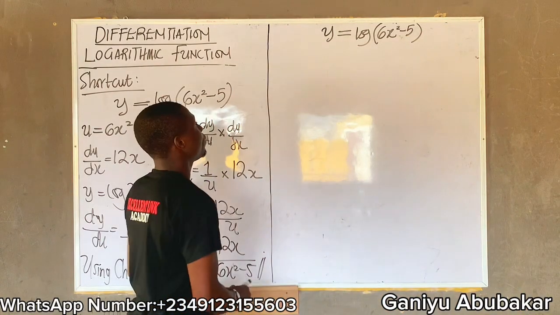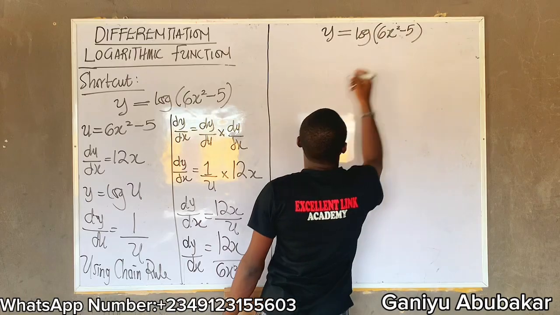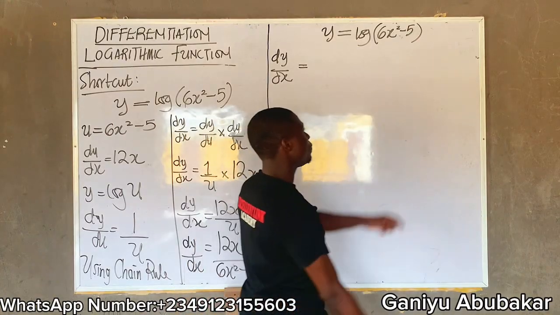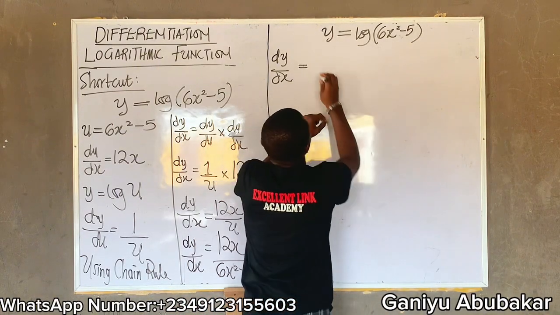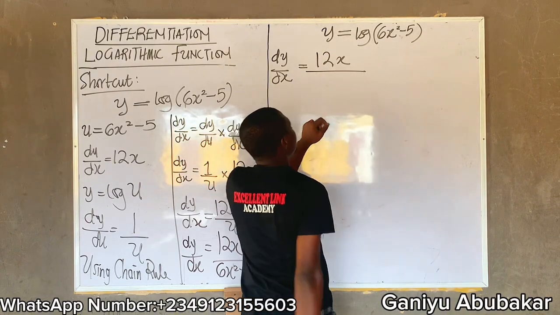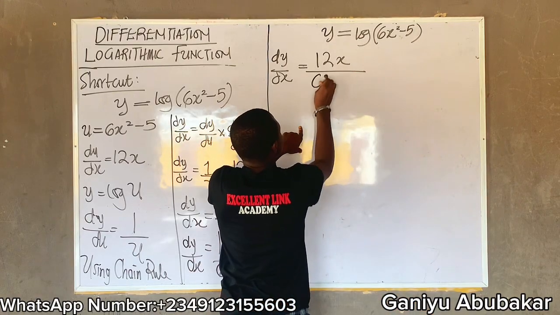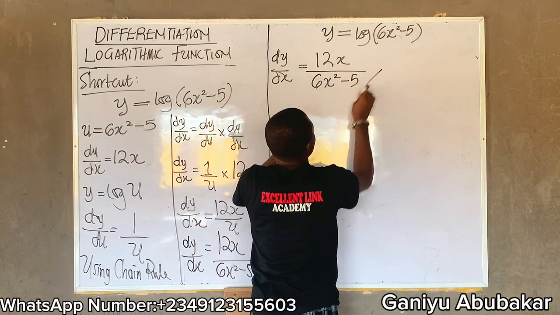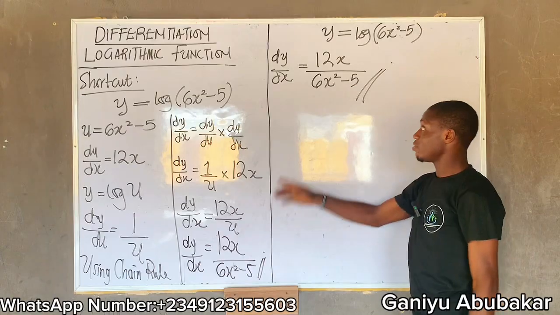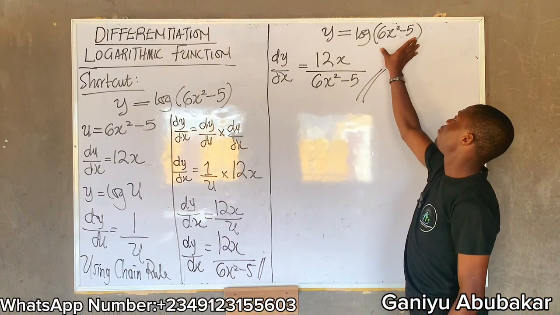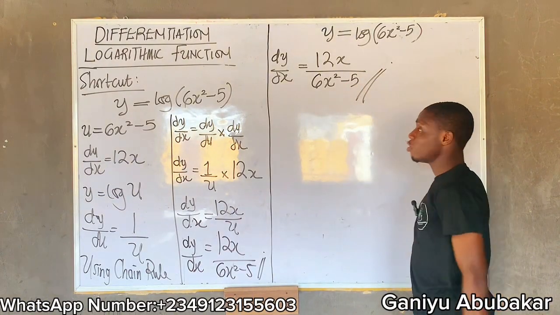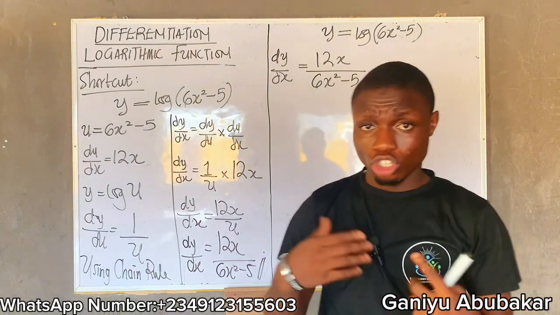So from here, straightforward, dy over dx is equal to differentiate the term in brackets, I'll have just 12x as your answer for numerator. Then repeat the question, the term in brackets, that's 6x squared minus 5. So this is how you solve the shortcut. Observe this and this, they are the same. So this is a shortcut: differentiate the term in brackets as your answer for numerator, repeat this question as your answer for denominator. So this is the log shortcut.